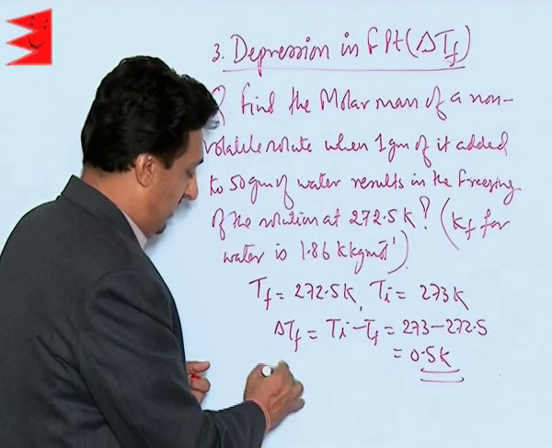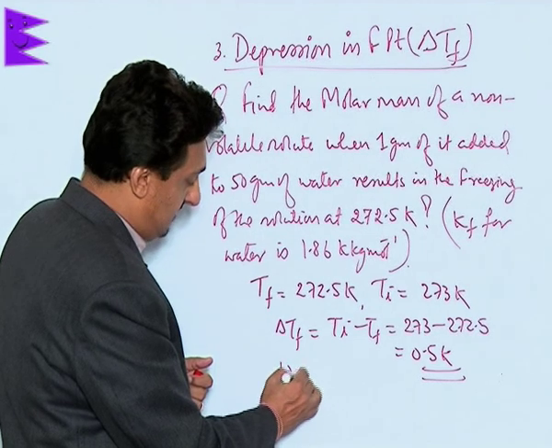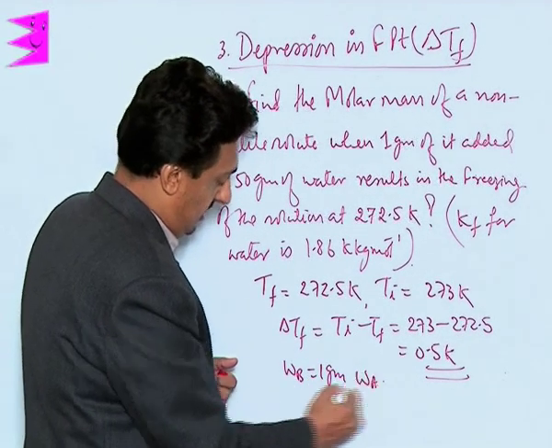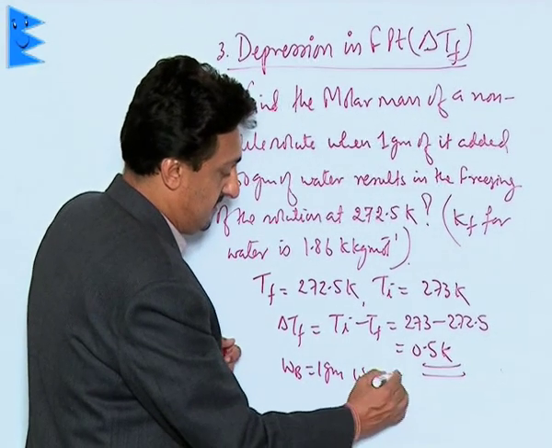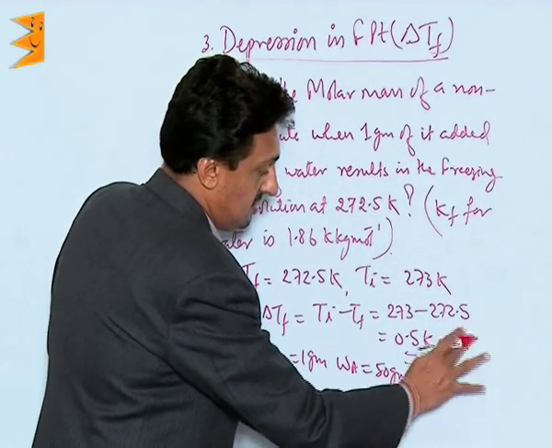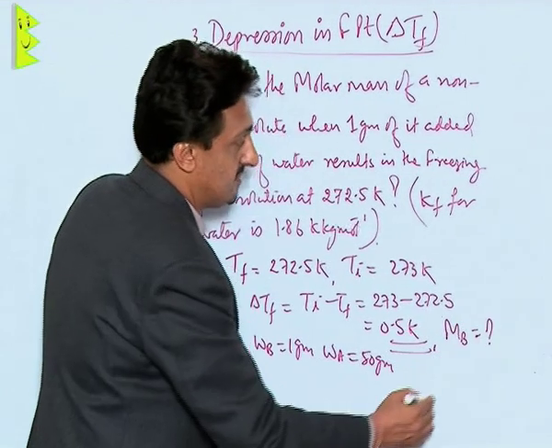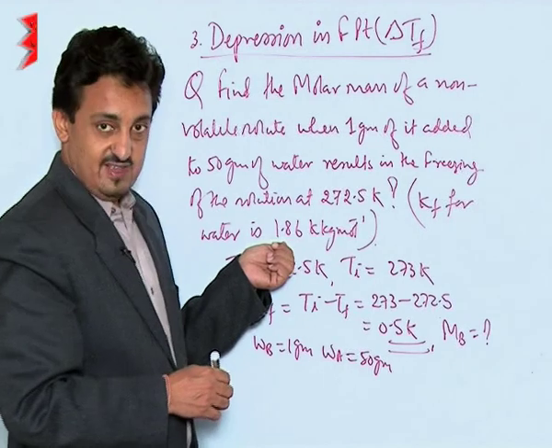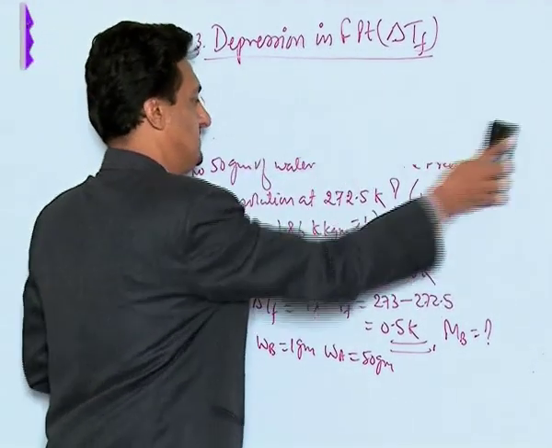And what else is given? The weight of the solute is given as 1 gram. Weight of the solvent is 50 grams. Molar mass of the solute is to be determined, and Kf is already given as 1.86. So let us put these values in the formula.